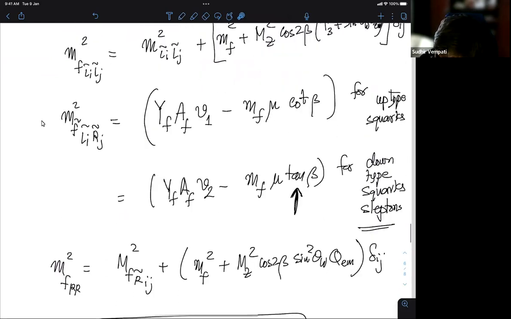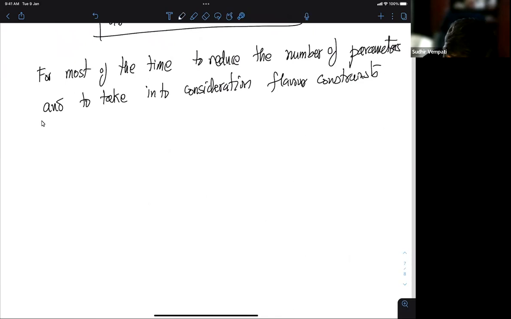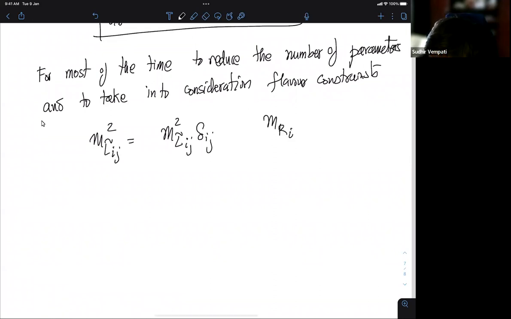Okay, so we set mL ij tilde square is equal to mL square ij delta ij. mR ij tilde square is equal to mR ij delta ij.